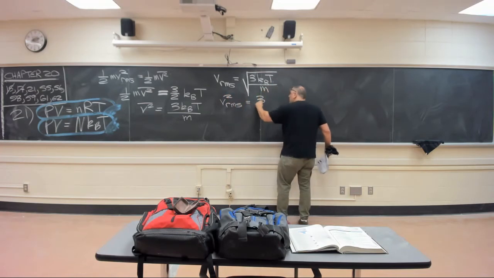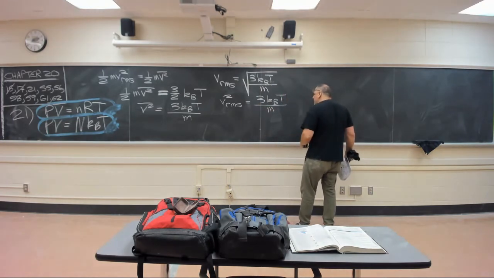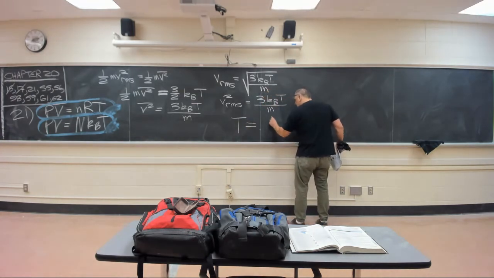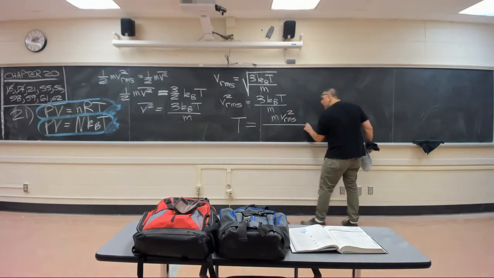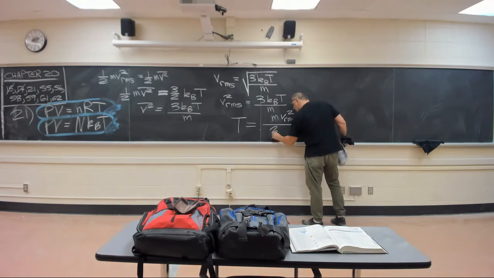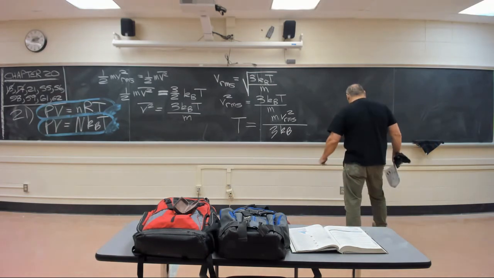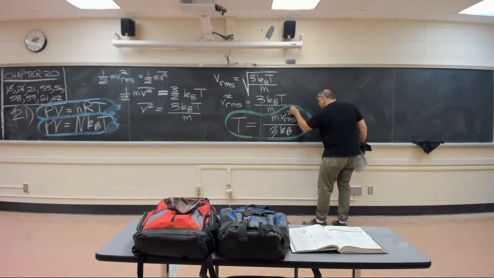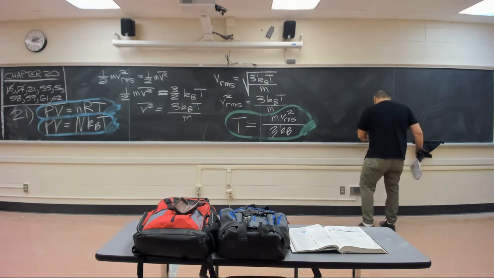Let me square each side. Let's multiply by m on each side and divide by 3kB on each side. It's m VRMS squared over 3kB. That's pretty important. I mean, they all stem from the same equation, so we can get there pretty efficiently if we want to do so.